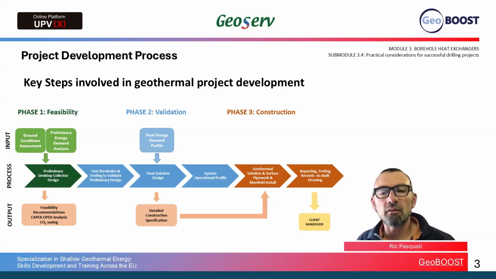In this case, we are going to focus on the drilling operations and how these need to be aligned in terms of this project development process, but also what the key considerations are to ensure that such a process and project are implemented successfully.